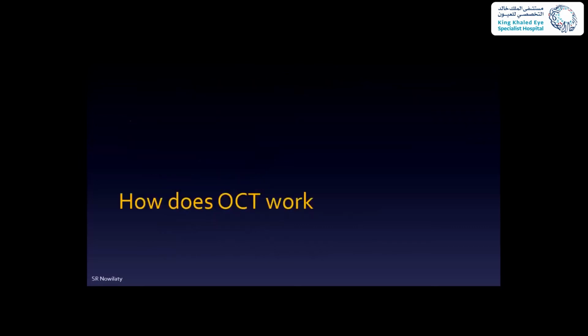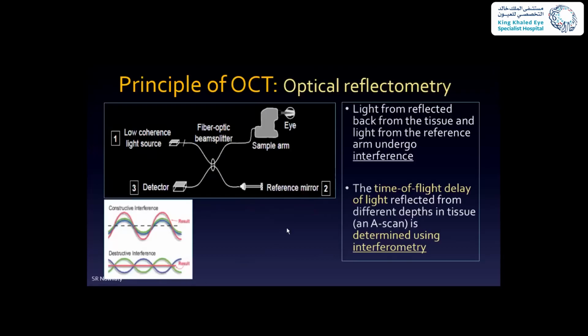Okay, so how does OCT work? Now, OCT, as I said earlier, depends on optical reflectometry, which means that we shine light from a source. And this source basically goes into both the eye and also a mirror. When we shine light at an eye or at a mirror, the light comes back to us.